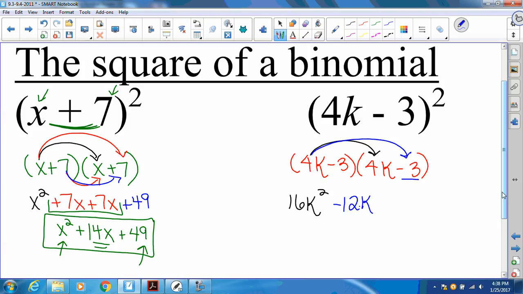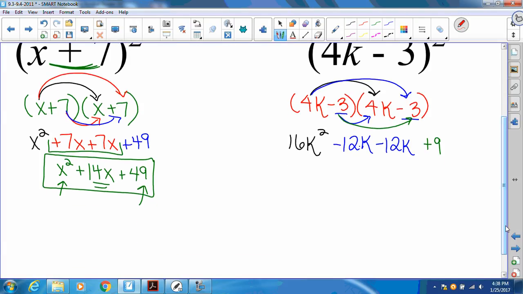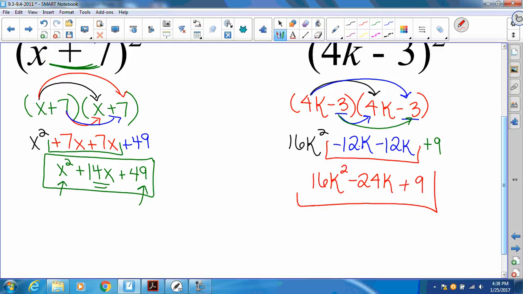Do my inside. Negative 3 times 4k is negative 12k. And then my last, negative 3 times negative 3 is positive 9. And then I'm going to combine my like terms. That would give me a negative 24k. Bring down my 16k squared and bring down my plus 9. And there's my final answer.